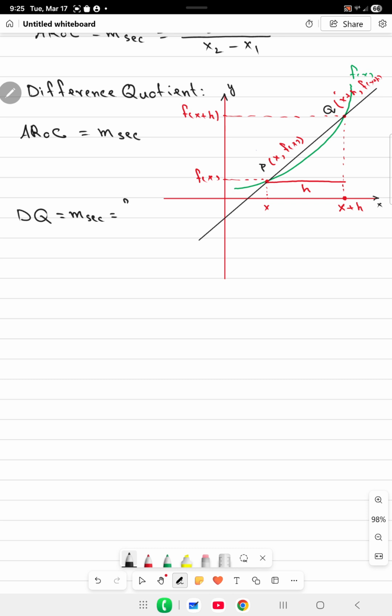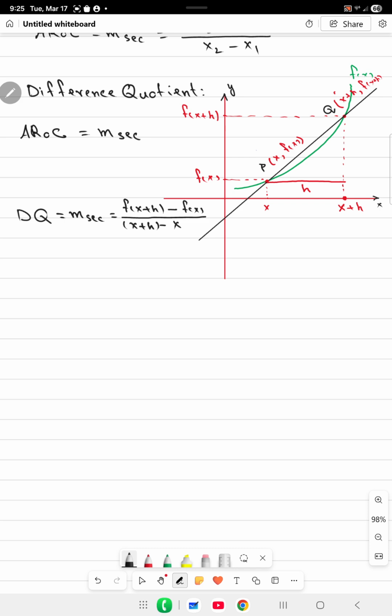f of x plus h, which represents y2, right? The same thing, minus f of x over change in x, which will be x plus h minus x.